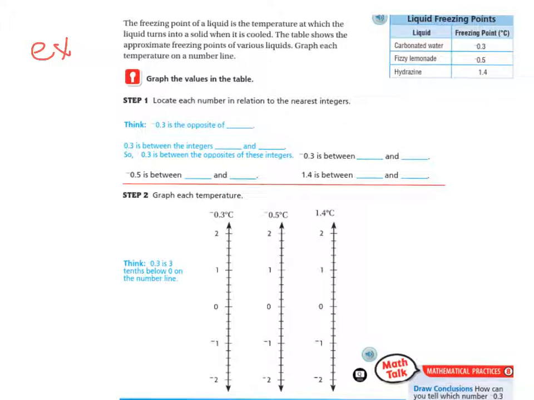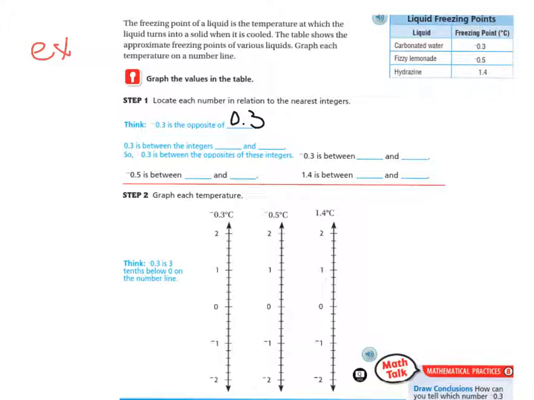So our first step when we're going to graph on a number line is we need to locate each number in relation to its nearest integers. So what that means is decimals or fractions always have two whole numbers or integers on either side of it. So I'm going to think of it like this. Negative 0.3 is the opposite of positive 0.3, right?